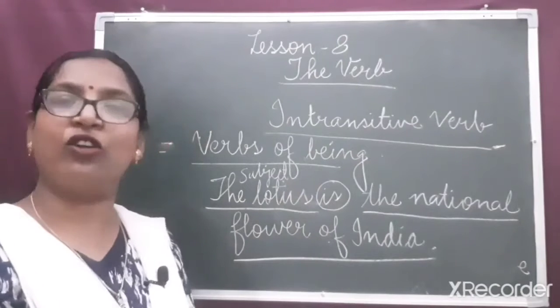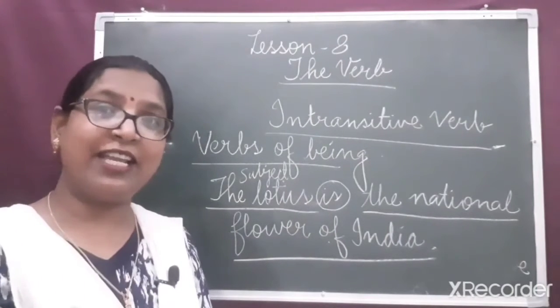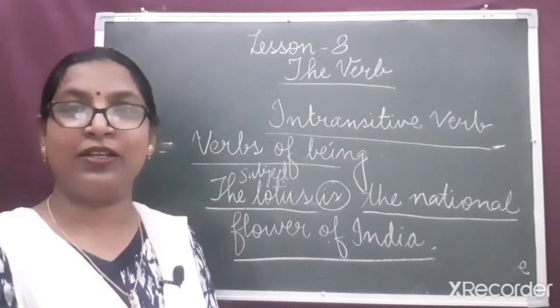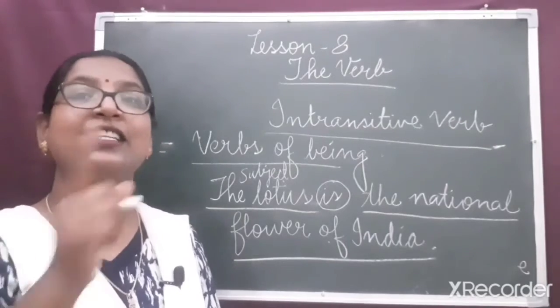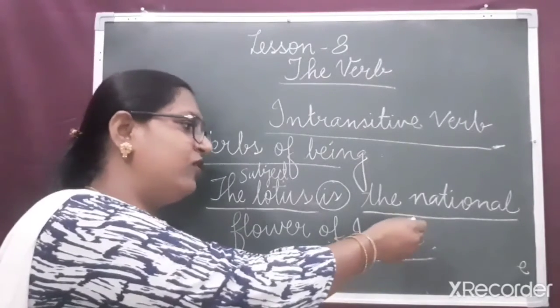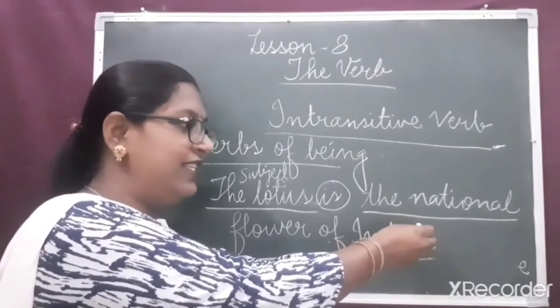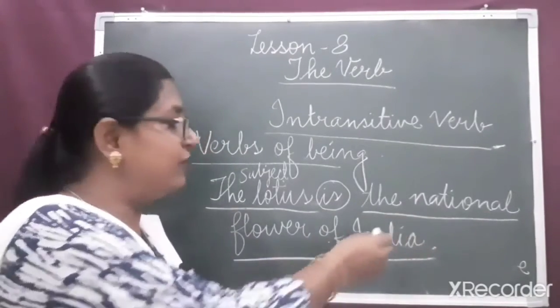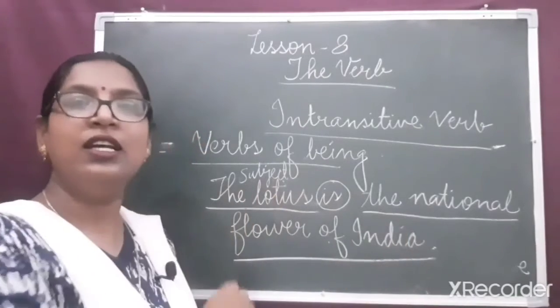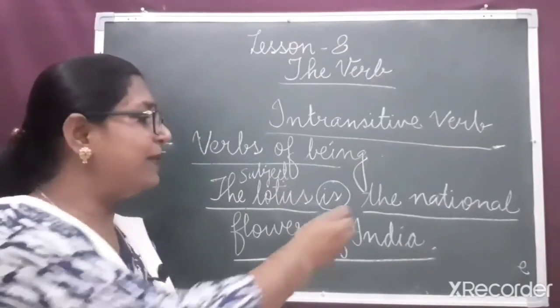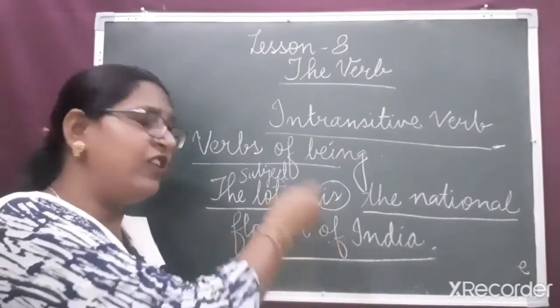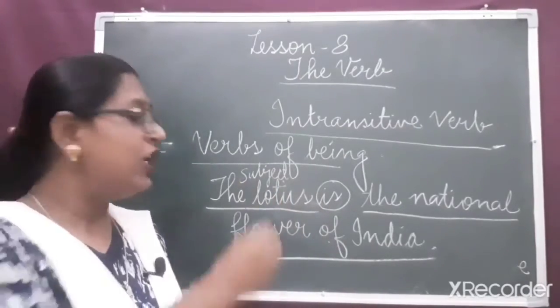The national flower of India. But at the same time, I told you one more step. We compare our answer with the subject. Here, though we are getting the answer of what? That is the national flower of India. But we need to compare this answer with the subject. And as we compare this answer to the subject, it refers to the subject itself.